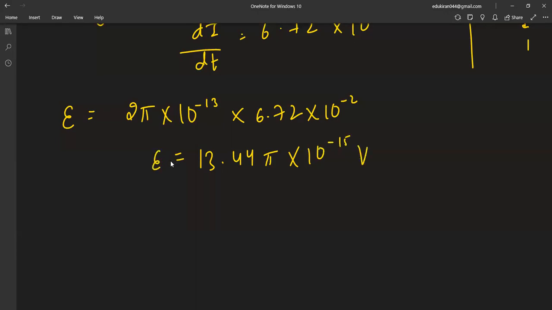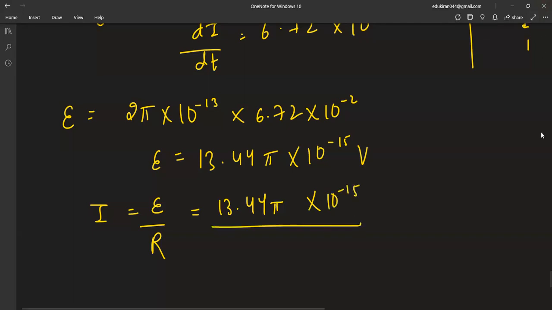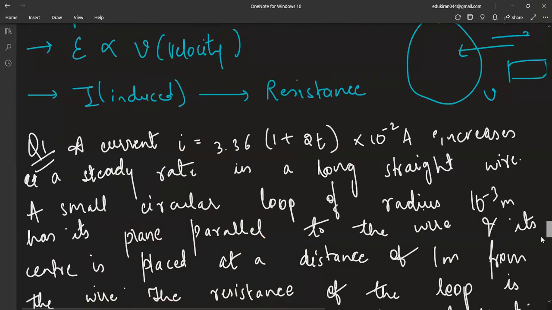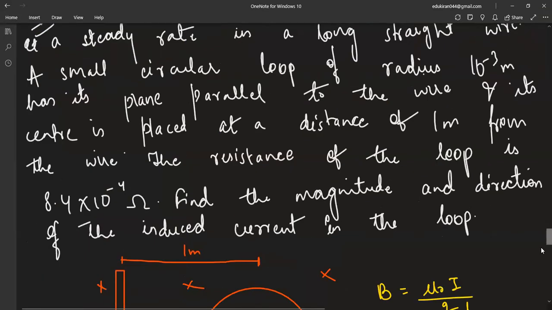This is EMF. So if you are finding the induced current, that becomes EMF divided by resistance. And resistance is also given: 13.44 pi into 10 to the power minus 15 divided by the entire value of resistance, 8.4 something was given, no? 8.4 into 10 to the power minus 4, see.